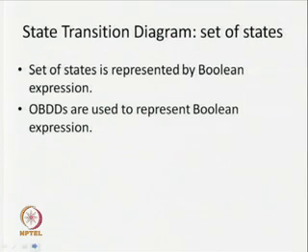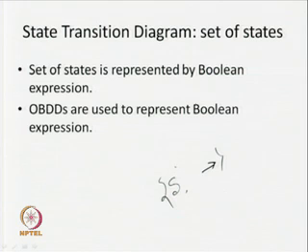Okay. Now, in a nutshell, what we can say is that a state transition system is nothing but a set of states and one transition relation. So, these are the 2 basic components, the set of states and the transition relation.